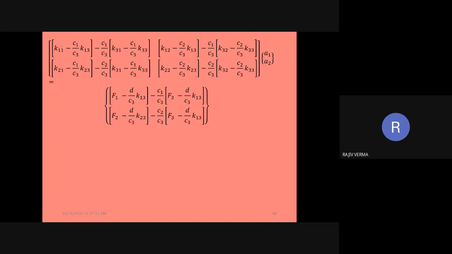the square matrix on the left hand side is going to be symmetrical. The square matrix, obviously, is of size 2 by 2. The square matrix on the left hand side happens to be symmetrical.